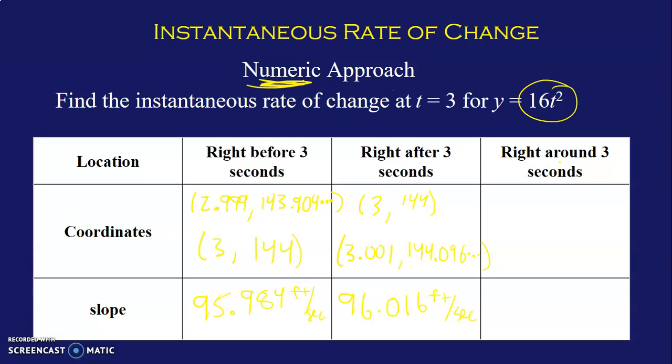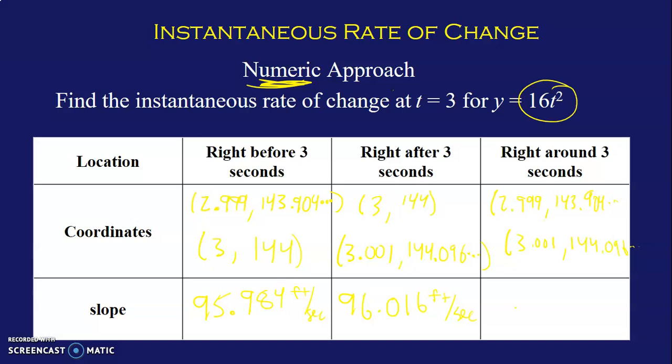And then let's not actually use the point that's at 3. Let's use this point that's just before it and this point that's just after it. So we can do 2.999, 143.904, and then 3.001, 144.096.